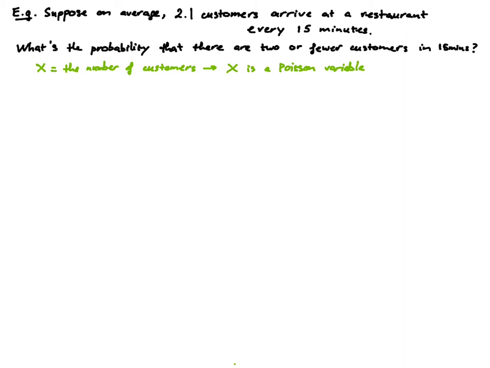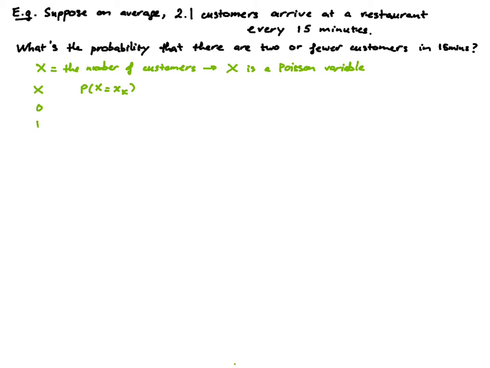And so suppose we want to construct the probability distribution of x, then we have x in one column, and then we have the probability that x is equal to a particular value x sub k in the other column. As we discussed in the past, x can be 0, so nobody shows up in 15 minutes.